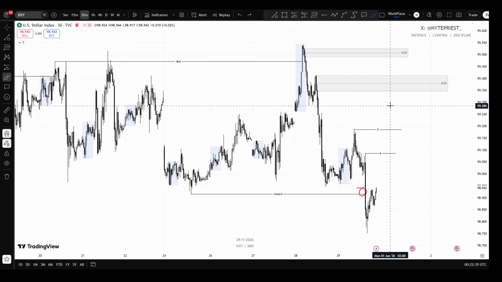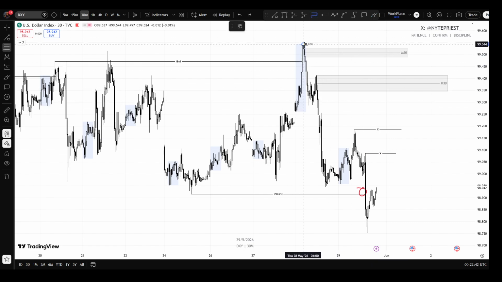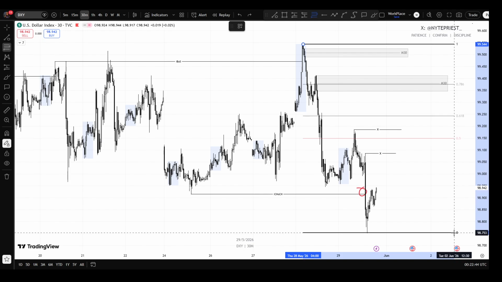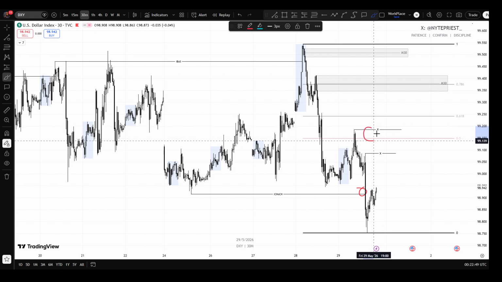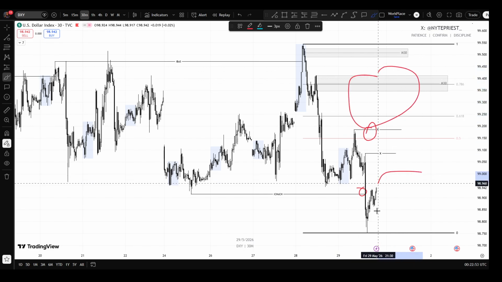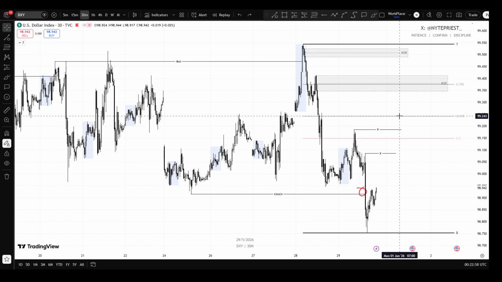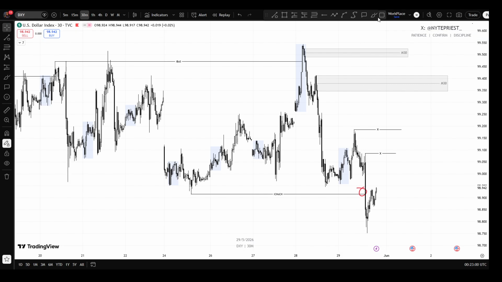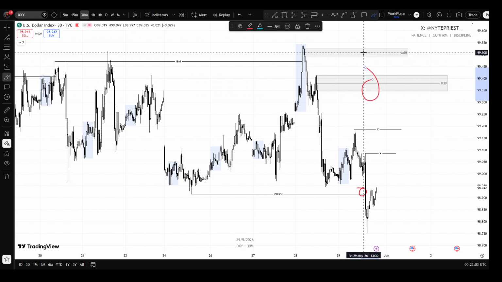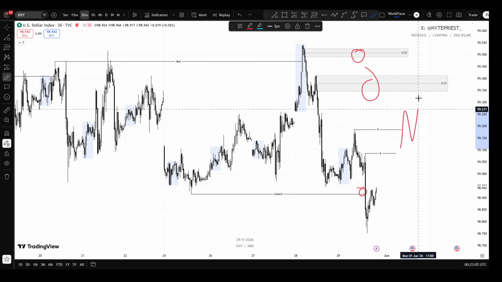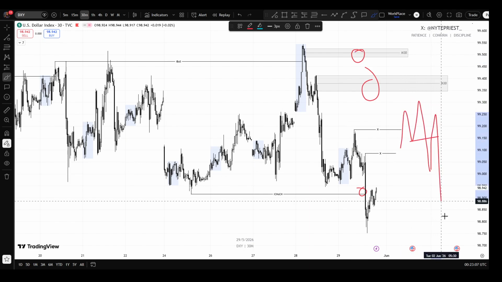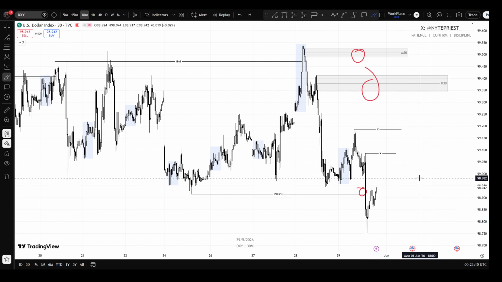If we take our fib levels, you can see that this liquidity high lies inside the 50%. So this is our premium and this is our discount. So we're waiting for price to mitigate one of these order blocks, give a lower time frame shift, and then we sell to the downside. So that's my narrative for the dollar index.